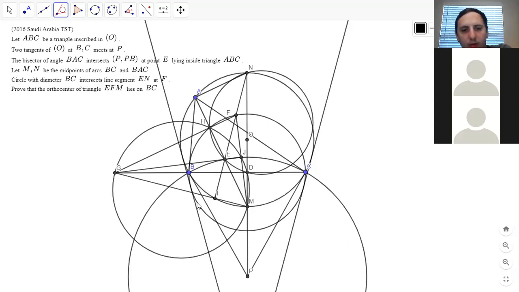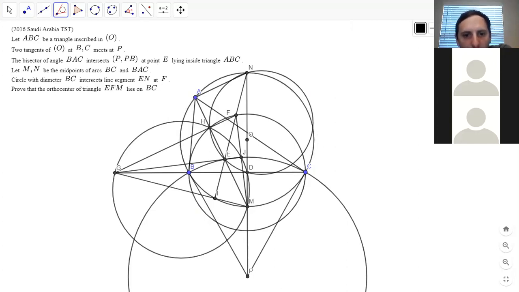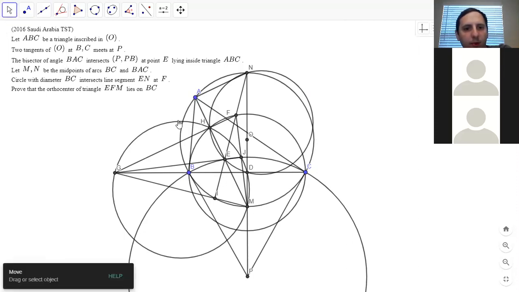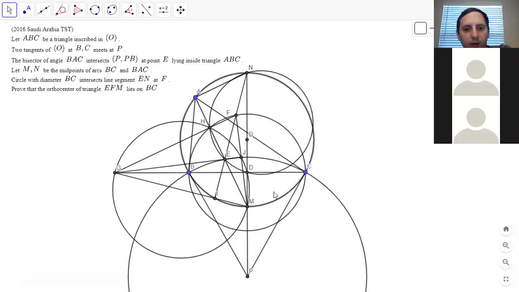You mean these two circles, the circle ABC and the circle with diameter BC? What is the internal homothetic center? Oh, the internal, but shouldn't it lie on the perpendicular bisector of BC by symmetry, because these two circles both pass through B and C, right?